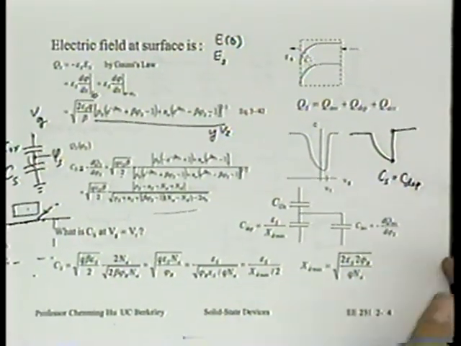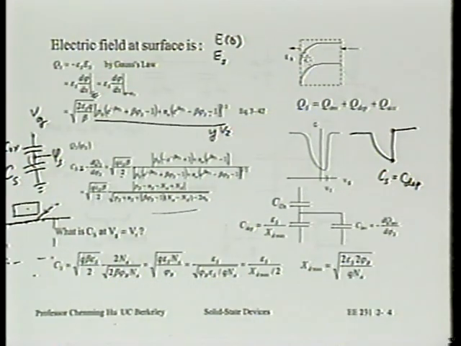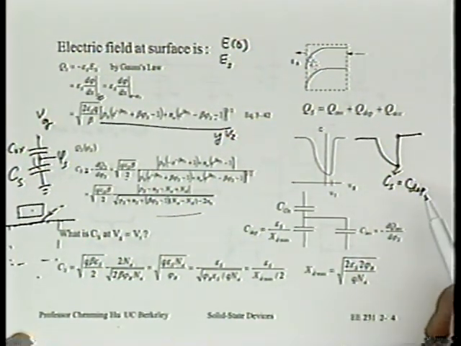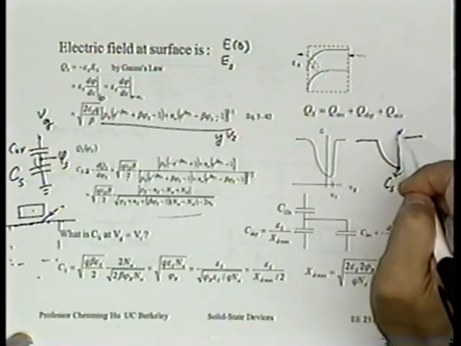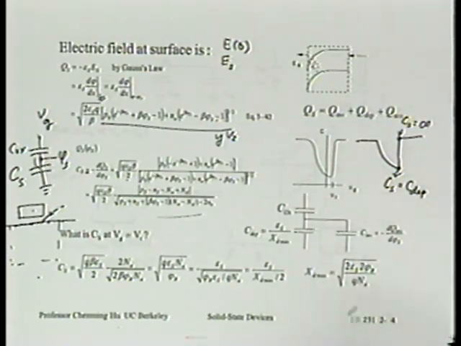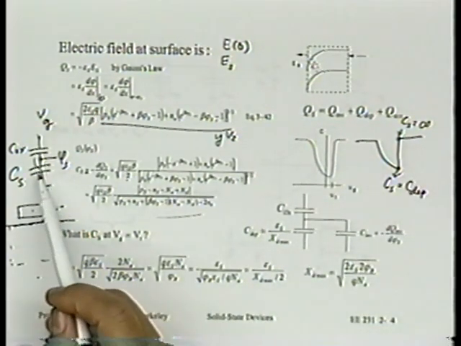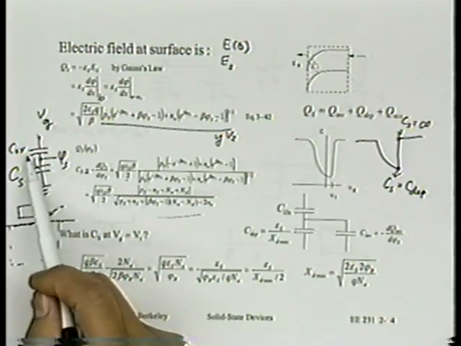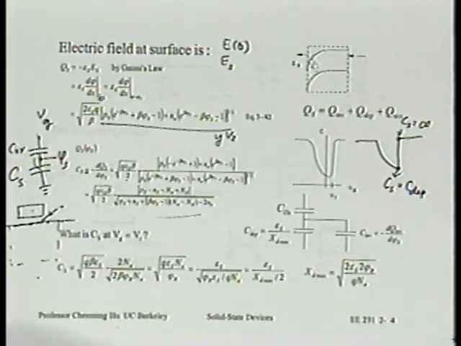In other words, we have the depletion capacitance in series with Cox. That's this point. If you look at that point, it's actually an approximation. It says CS is equal to infinity, because if CS is equal to infinity, of course, the total C of these two capacitors in series is equal to Cox. Is that right?